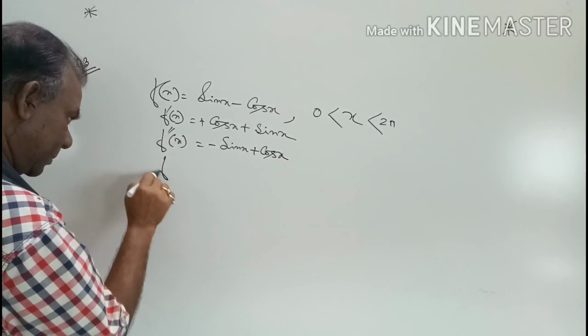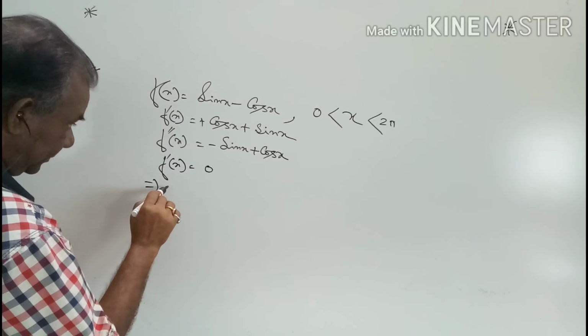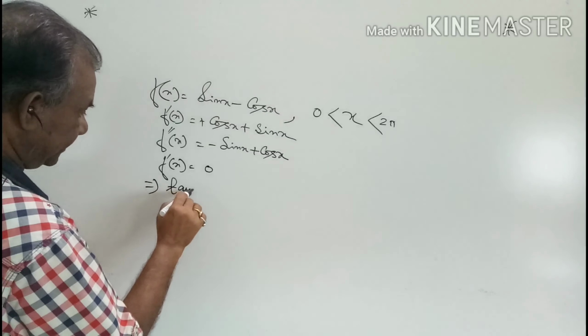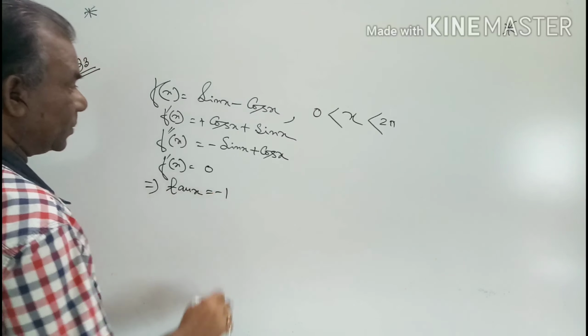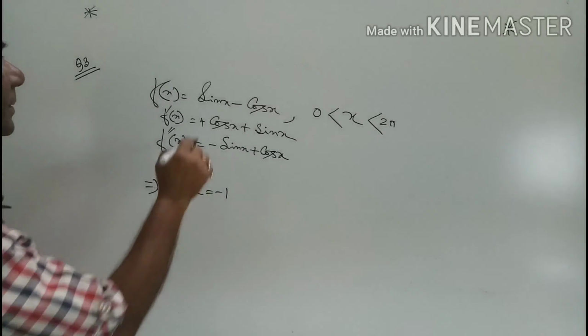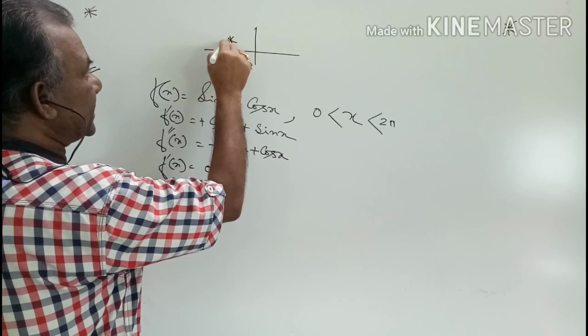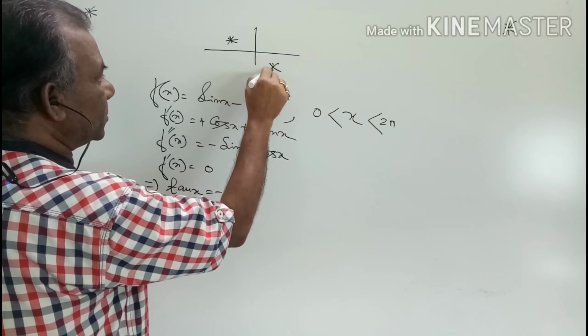So for the optimum value, tan x is equal to minus 1. Now tan theta is negative either in the second quadrant or in the fourth quadrant.